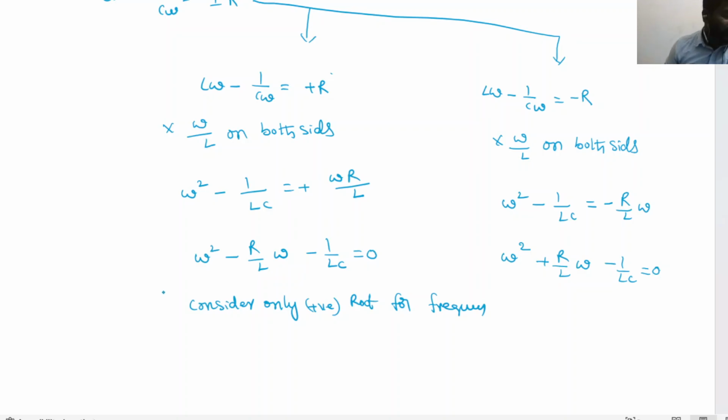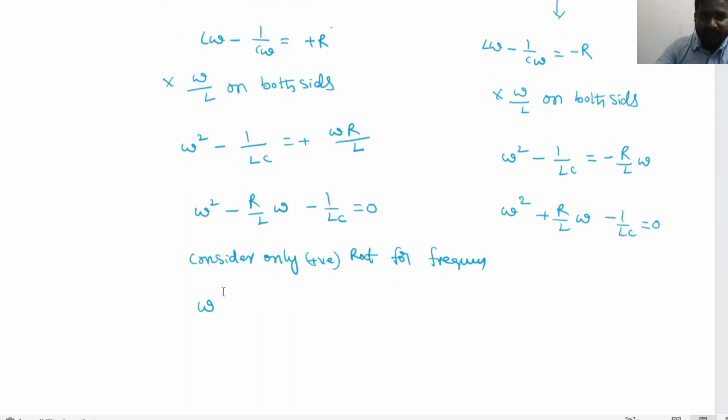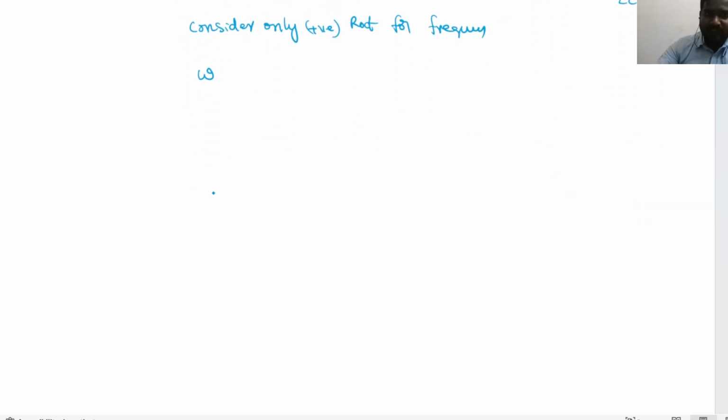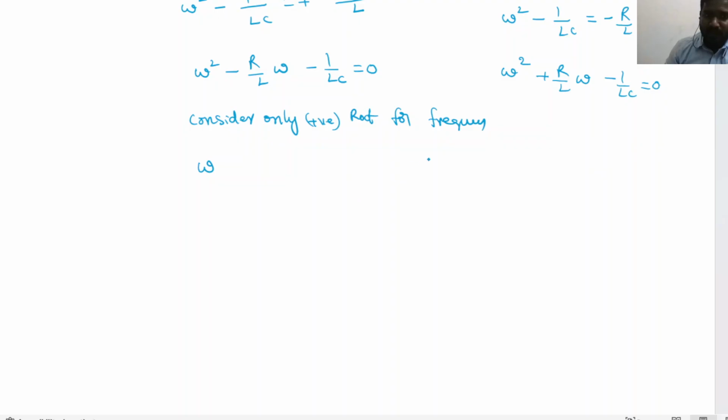So from the first equation, taking omega only positive values, already you know that omega is the root of the quadratic equation: minus b, that is minus R divided by L, plus under root b square, that is (R divided by L) whole square, minus of minus plus 4ac, where a value is 1 and c value is 1 upon LC, divided by 2a, where 2a value is 1.